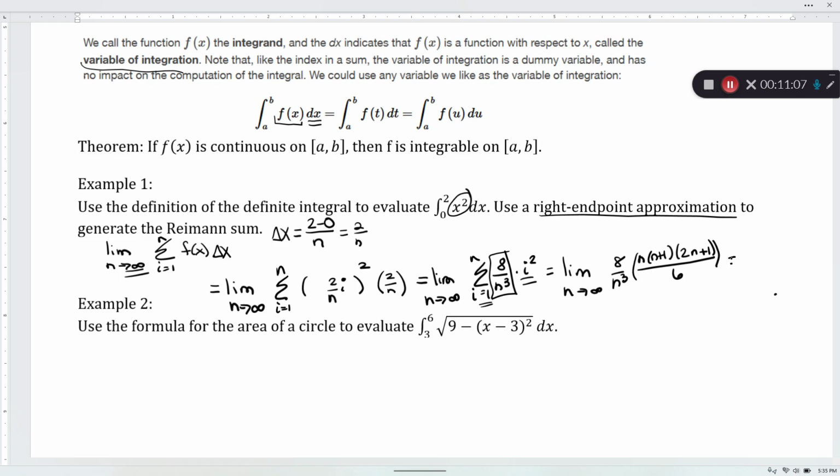When I see this, here's what I see. I don't really care about the small potatoes, as I call them with my students, but I care about the leading coefficients. If you multiplied it all out, there's an n here and an n here, so now it's an n squared. So I have 8 times, and if you multiplied this all out, you'd get 2n squared plus 3n plus 1 over 6n squared.